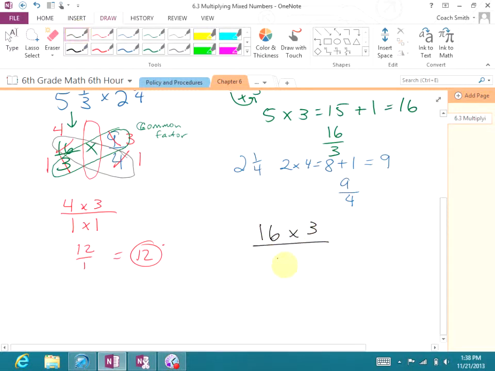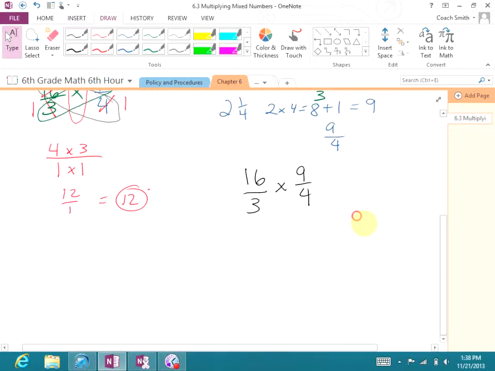16 over 3 times 9 over 4. Now, I want to show you why we can cross-cancel. 16 times 9 and 3 times 4, these two are equivalent to each other.